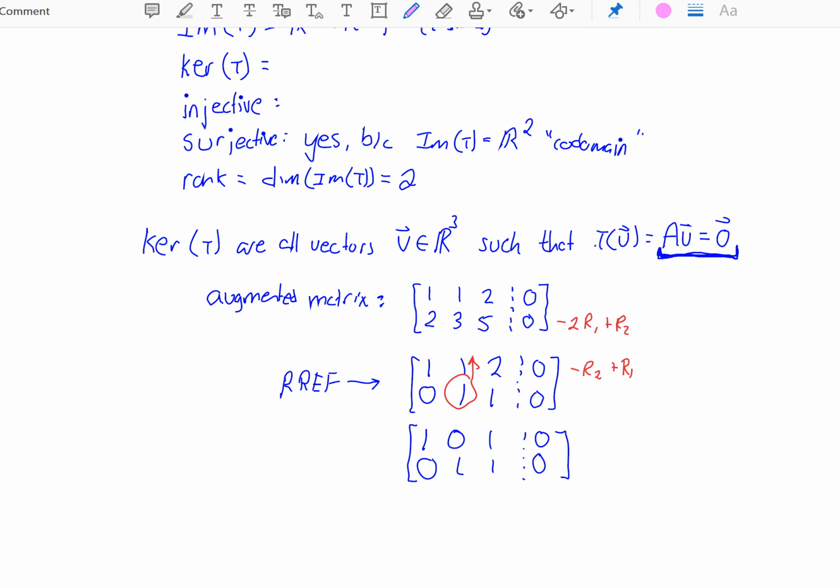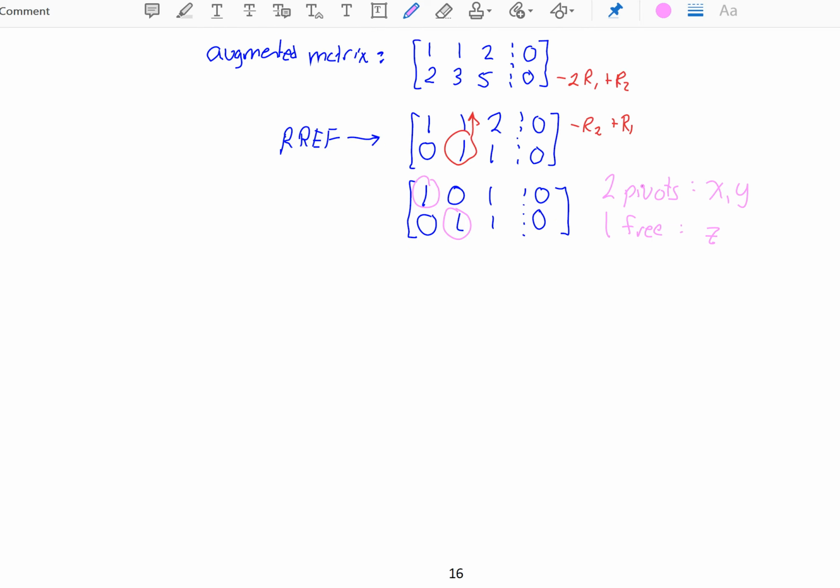Notice that our matrix written in RREF has 2 pivots. These would be the x and y variables that we would have started with, and it has one free variable. This would be the z variable. If we're recalling ideas from chapter 3, because we have free variables, we have multiple solutions to the homogeneous equation. So let's go find those homogeneous solutions.